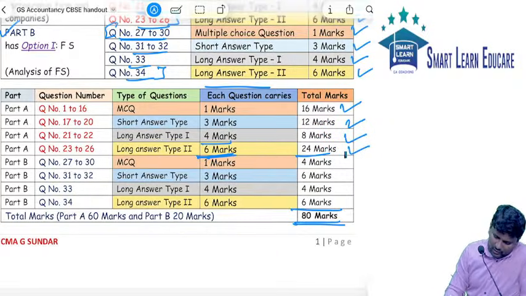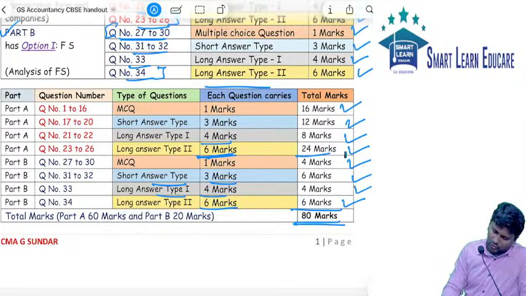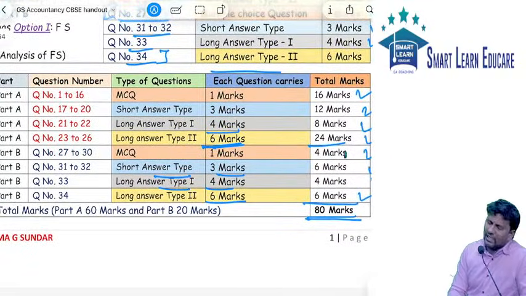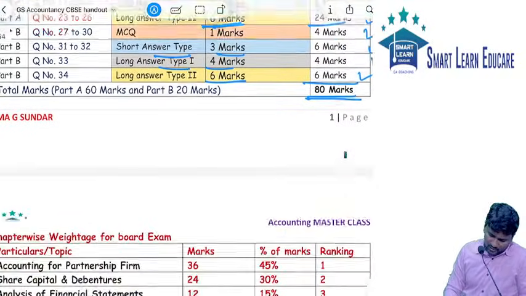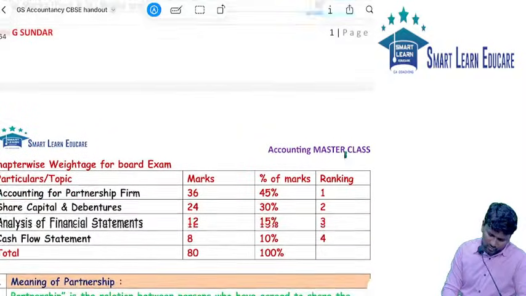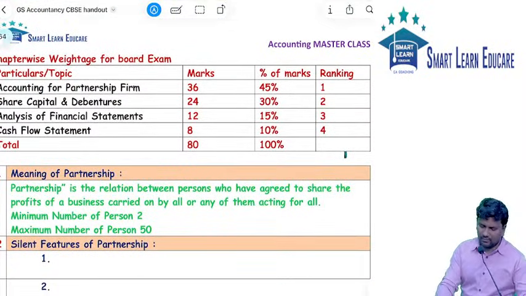And in the other part again we have MCQ, 4 marks, short type question 3 marks, 6 marks, and long type question 4 marks, 1 question, and 1 more question of 6 marks. So what is the breakup of this 80 marks is given. And also I have given the weightage of each topic.